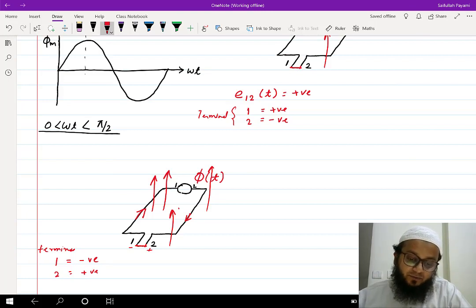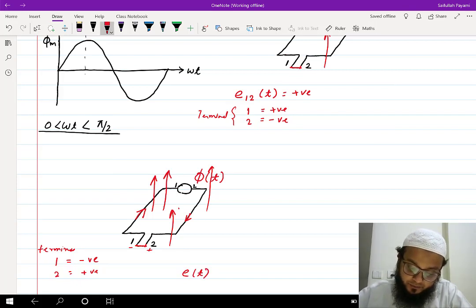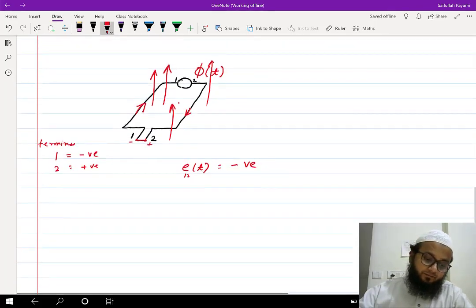But what we have said is that E12 of t is positive if terminal 1 is positive and terminal 2 is negative. So in this case, E12 of t is actually negative.